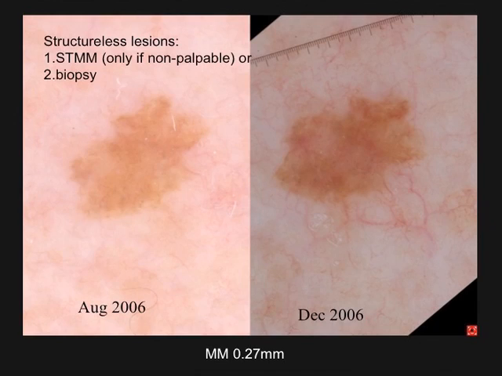Number two is that short-term mole monitoring means that you have the ability to take a dermoscopic image of the lesion, store it somewhere, and when the patient comes back, you take another dermoscopic image of the lesion, and you put those two images side by side, and you make the assessment side by side. It is not you taking the one image and then looking at it live on the patient 3 months later, okay, and then going back and forth.